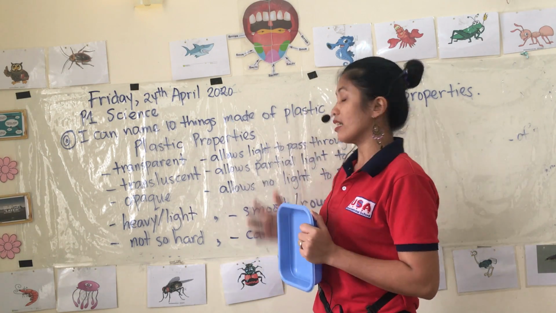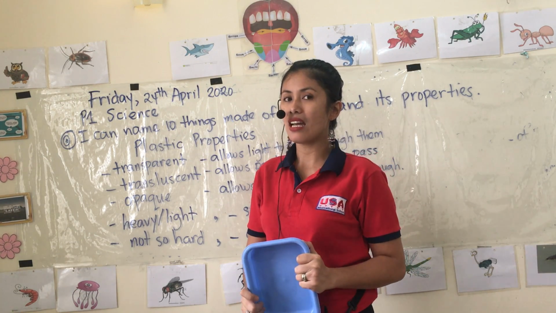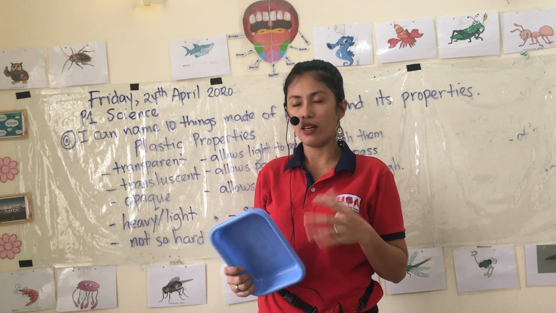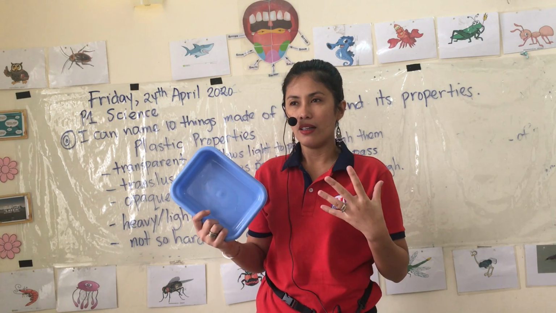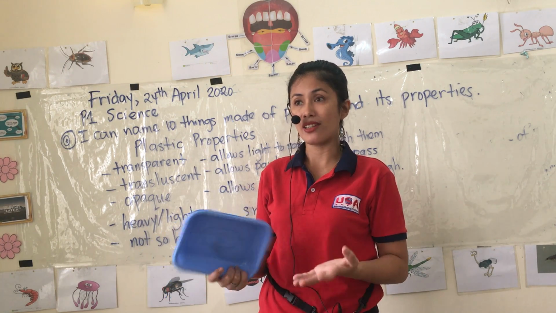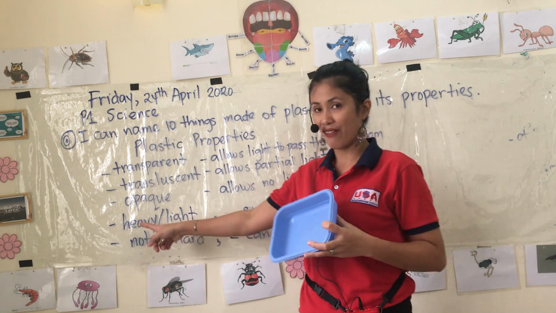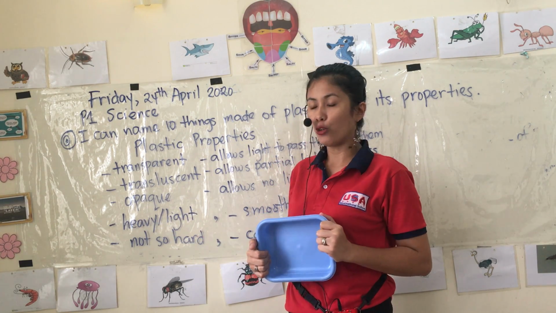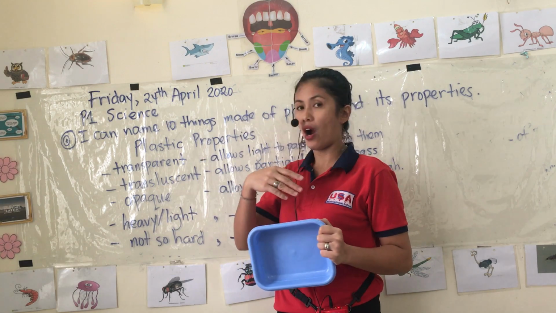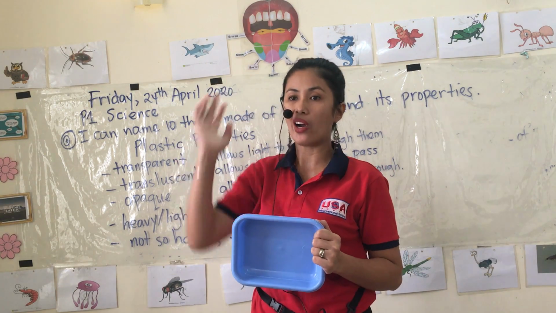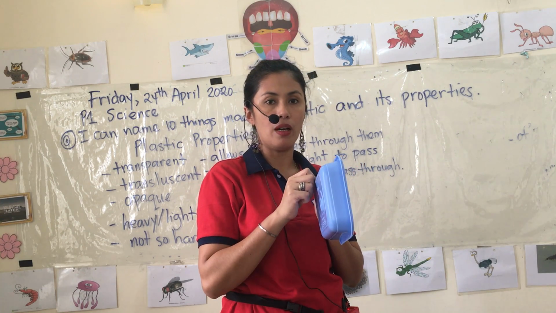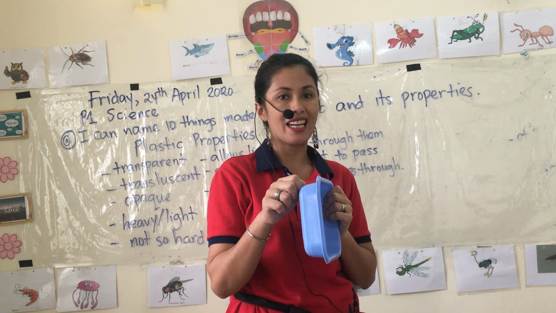Okay, so again, some plastic, depending on how big it is or how small it is, can be heavy, and sometimes it can be light. And also, plastic is not so hard. When we speak about hardness, it is the ability of a material to resist being easily scratched.